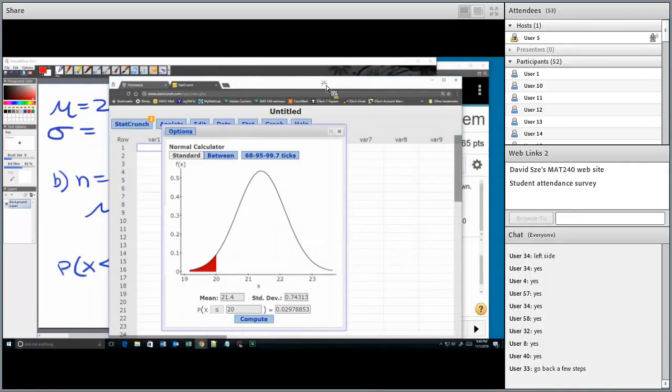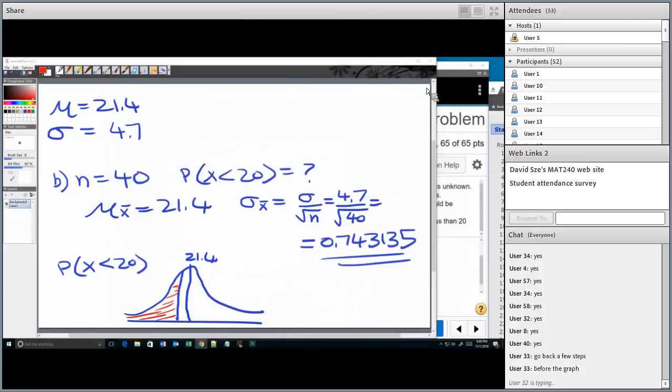Let's go back a few steps. Can you specify which step here? Sandra, can you let me know which steps? Before the graph?